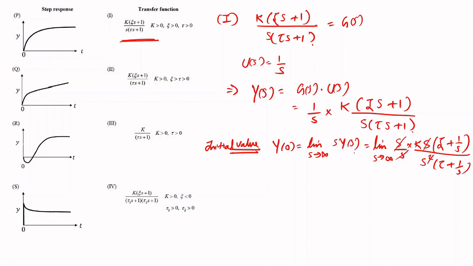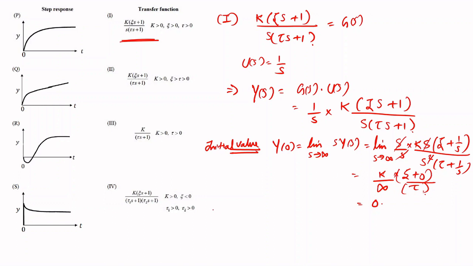Now we can replace the value of s as infinity to find the initial value. So that will become k upon s, where s is infinity. So 1 upon infinity will be 0, that is (zeta plus 0) upon tau. So basically this value will be 0. That is, at time t equal to 0, the value will be 0.